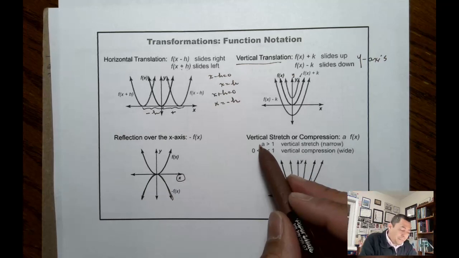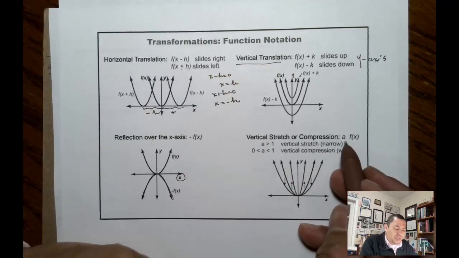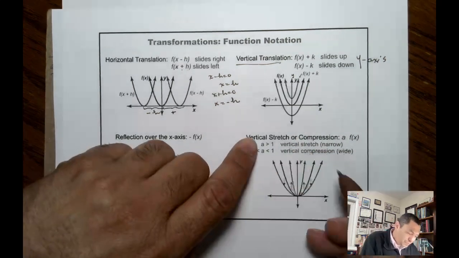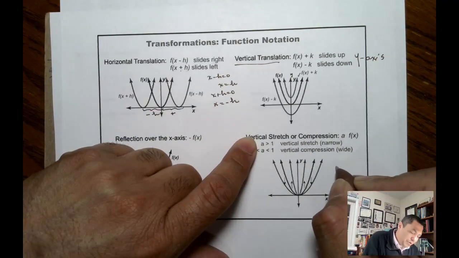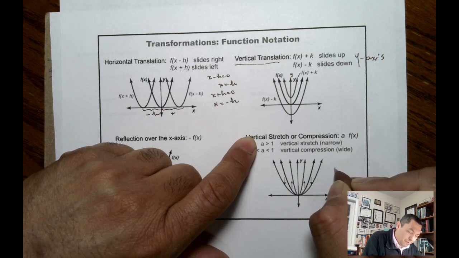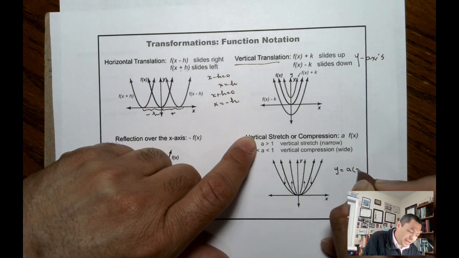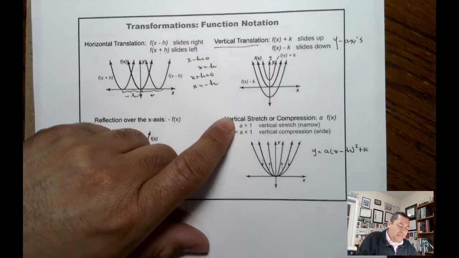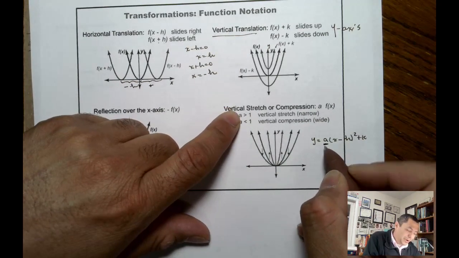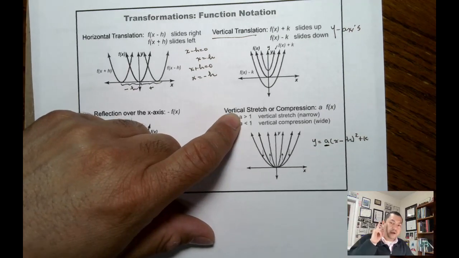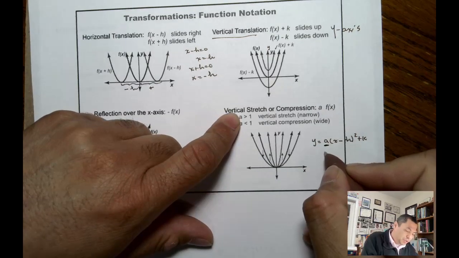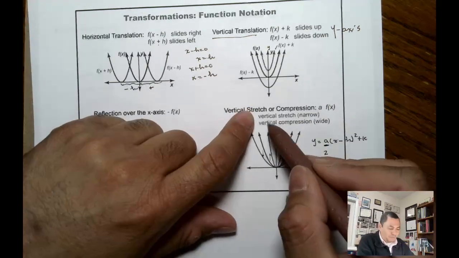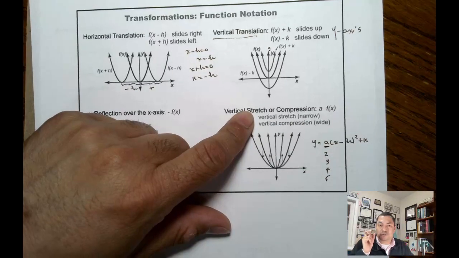Then here, vertical stretch or compression, we're going to see it more closely. If the value of a, for example, when you have y equals a(x minus h) squared plus k, is greater than 1, not equal, greater than 1, that means 2, 3, 4, or 5, then you're going to have a vertical stretch.